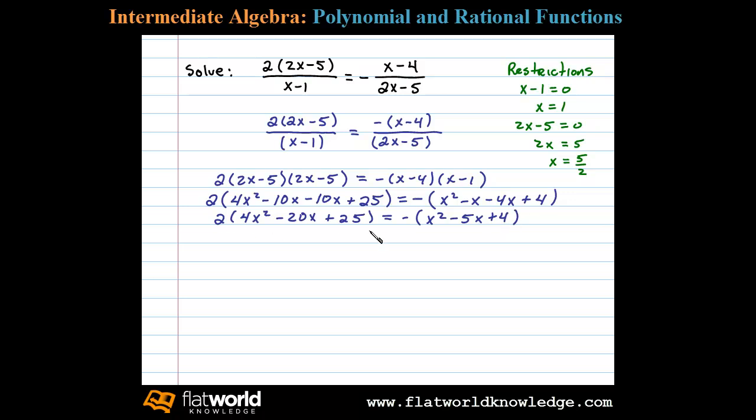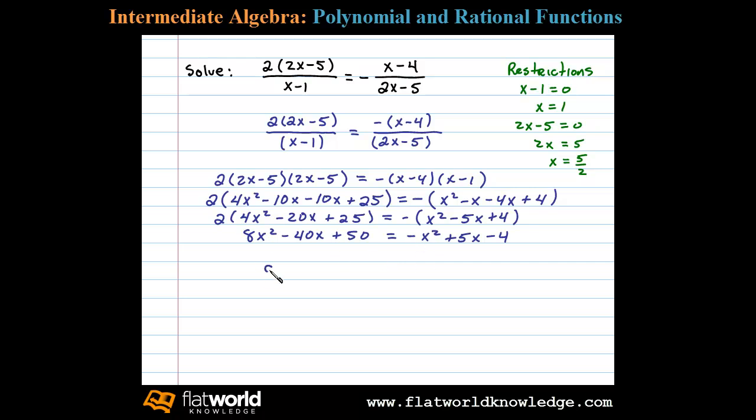Now we'll go ahead and distribute the 2, leaving us with 8x squared minus 40x plus 50 equals negative x squared plus 5x, right, minus 4. Now at this point, to obtain standard form for this quadratic and get it equal to 0, we'll go ahead and add x squared.